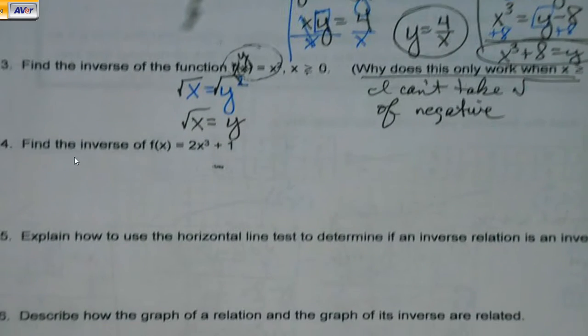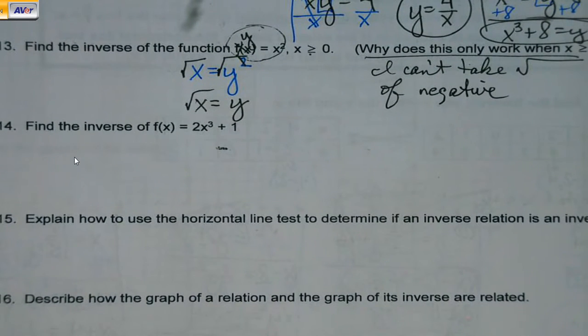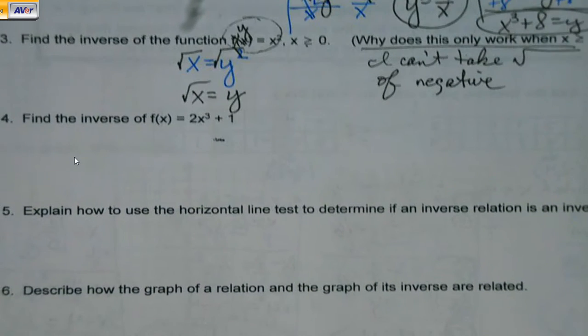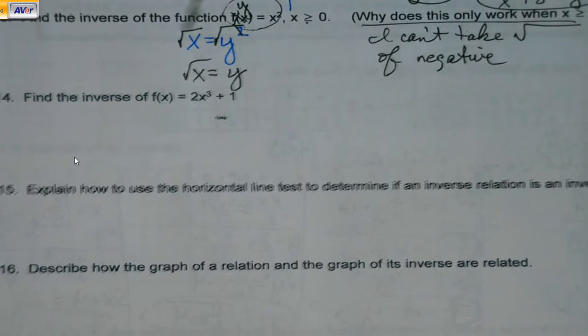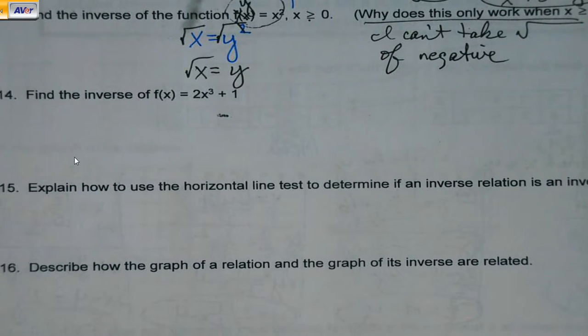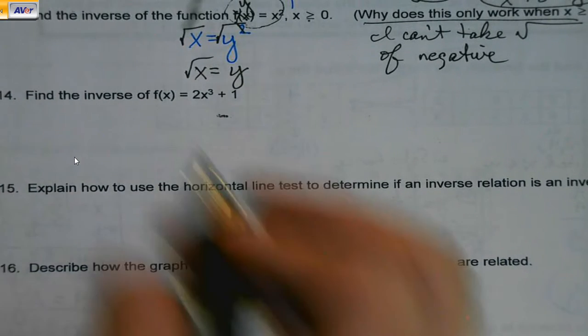And the rest of this is just kind of some review of the things we did on the front, even though we're going to be doing a couple of other pieces on the worksheet as the rest of our lesson here. So we're going to go past 14, 15. Explain how to use the horizontal line test to determine if an inverse relation is an inverse function. Okay.